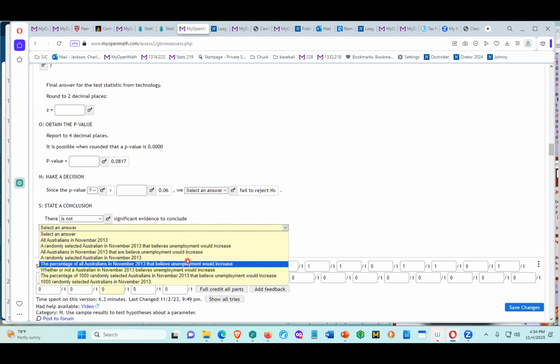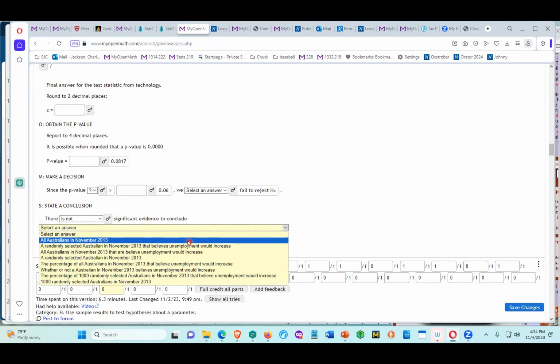I see the way they're structuring the sentence. Okay, we're making a statement about the population parameter p, so it's not going to be about the sample. It's all Australians who are pollable.